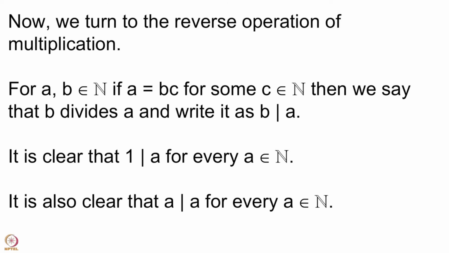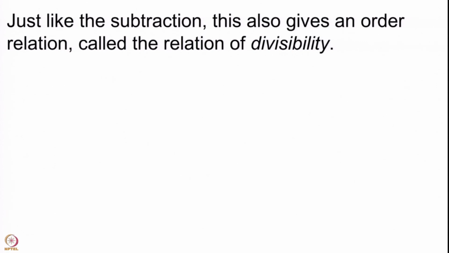So we have seen that 1 divides A and A divides A. This also gives you an order: two natural numbers will be said to be related by divisibility if one natural number divides the other natural number.